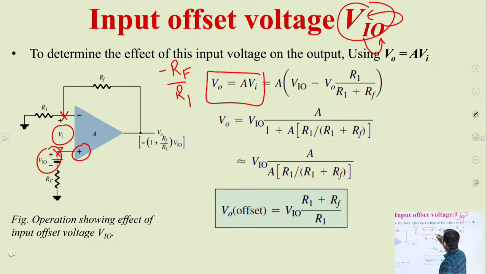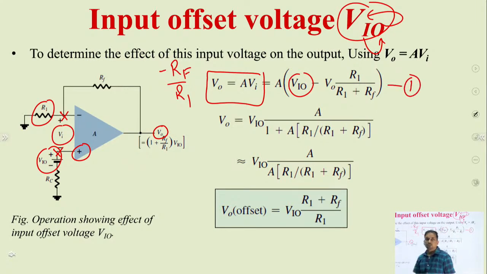So VI equals VIO minus the potential at this particular point, which will be V0 multiplied by Rf divided by R1 plus Rf, as per the voltage divider rule. Let's say this is equation number 1.